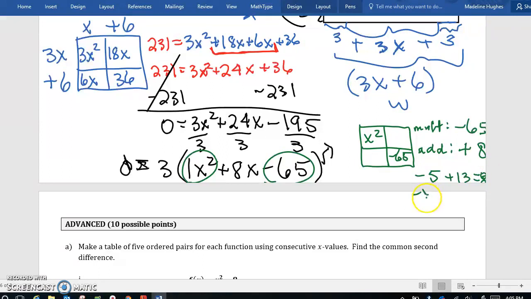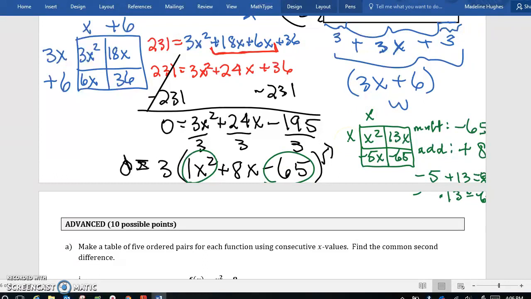And then if I multiply them, it gives me negative 65. There we go. So those are the numbers we want here. So a negative 5x and a positive 13x. Now I can fill out the outside. So x and x.